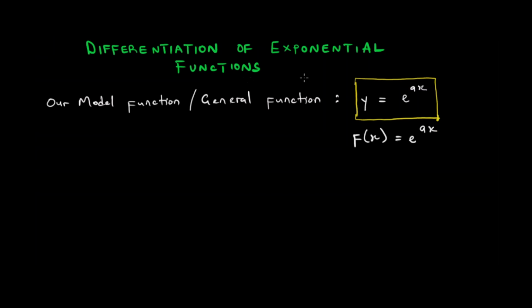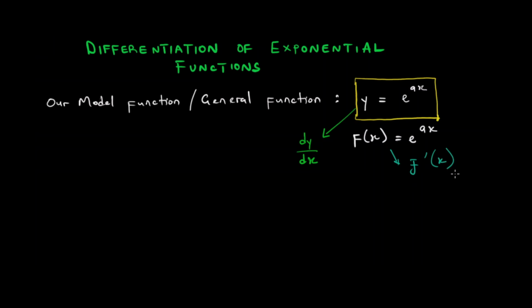Saka tichibva pana y is equals to e to the ax, since tiri kudifferentiata panapa teta kutsvaka chi dy dx. That is going to be the derivative kana kuti gradient function. But kana kuri kuti tanga tanyora takati the function of x is equal to e to the power ax, so that panapa tinenge takutsvaka chi f prime x.